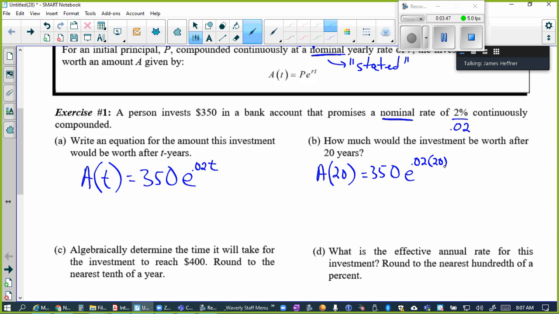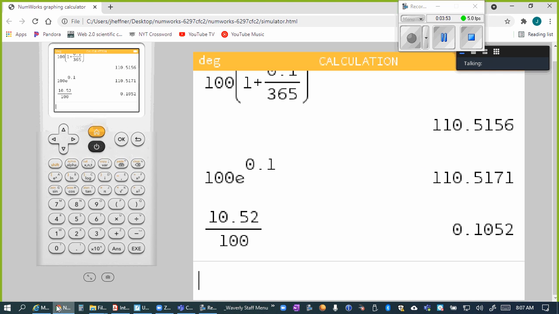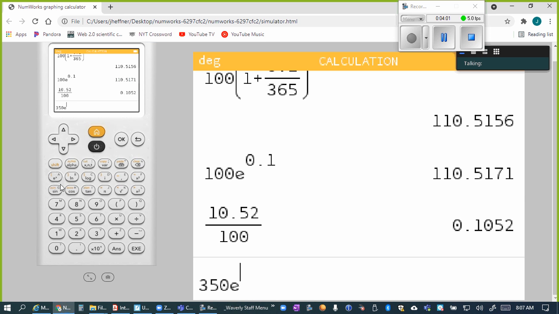Make sure we all know where the e to the x button is. Maybe some of you are using a different calculator and it might be in a different location. So 350 times, and here is my e to the x button, 0.02 times 20 all up in the exponent there.